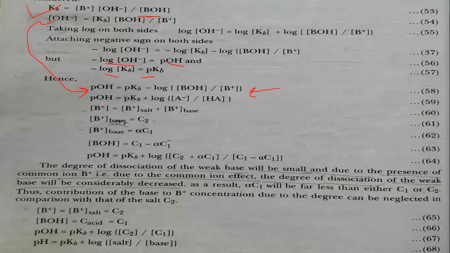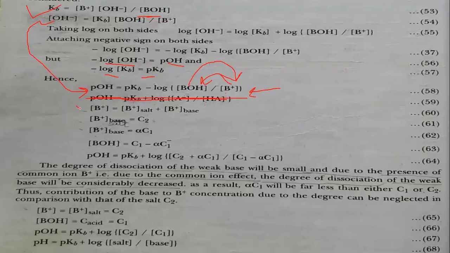Here you cannot write A minus upon HA; you can write here B plus. So you are taking this to the numerator and this to the denominator, hence the sign will change. This is not the proper equation. This is a mistake from their side.